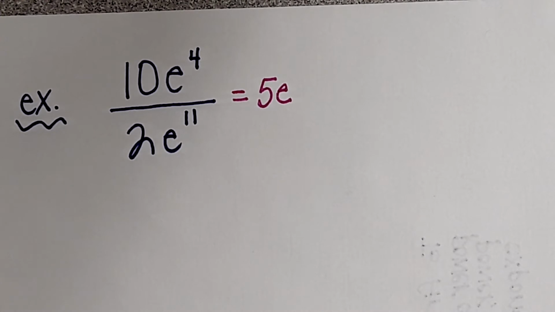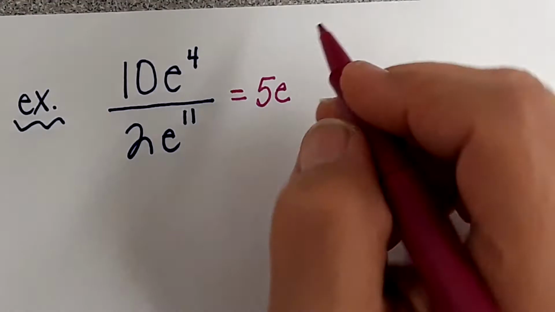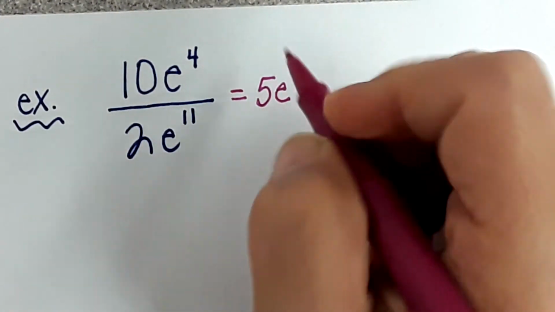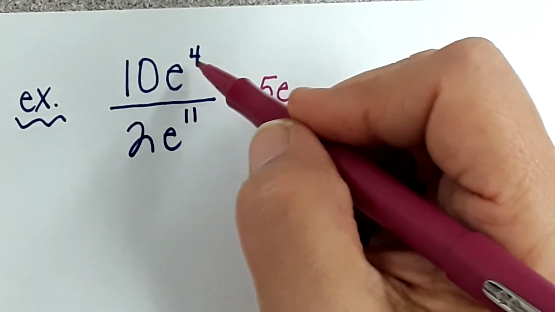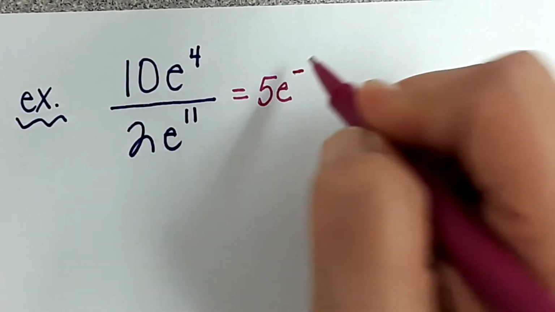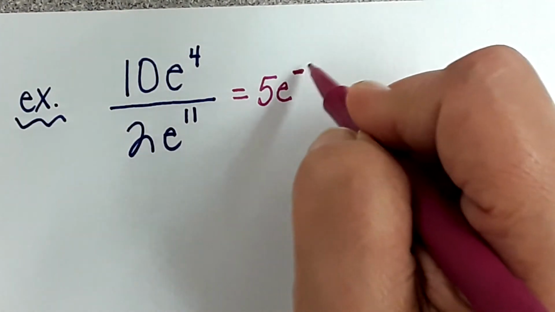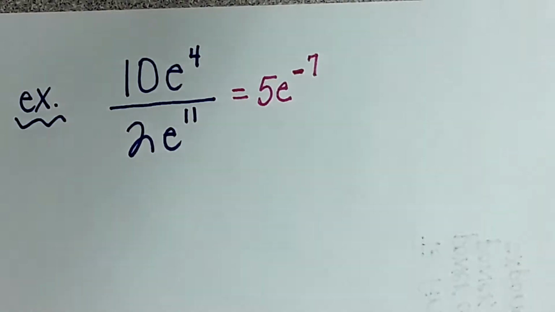You didn't have enough money. So what is 4 minus 11? You had $4, you spent 11, so you know it's going to be negative, right? So what is 11 minus 4? 7. Okay. So you see how we applied the quotient rule. That was the quotient rule.